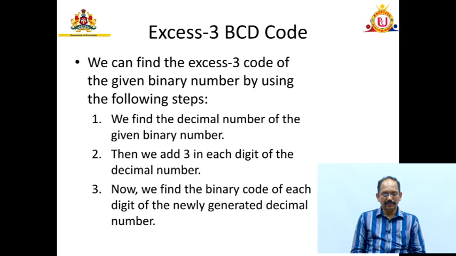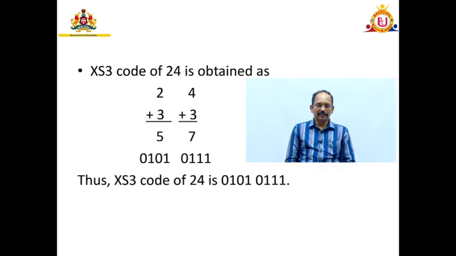In the next slide, there is a value given. The value given here is 24. 24 is directly represented in decimal number format. So, for that value 24, each digit is taken separately, that is 2 and 4.